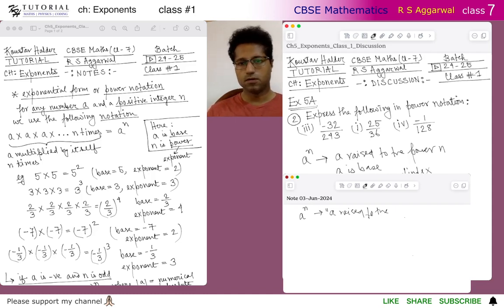This is what is known as exponential form or power notation. I hope you can read my handwriting, it's coming out very bad, I'm sorry for this. This notation a to the power n is known as exponential form, where n is the power, also known as exponent or index, and a is the base.